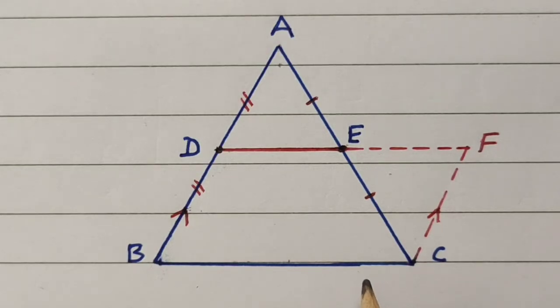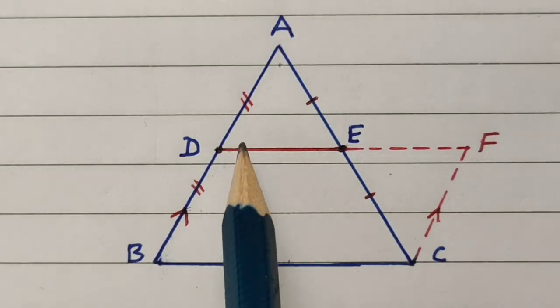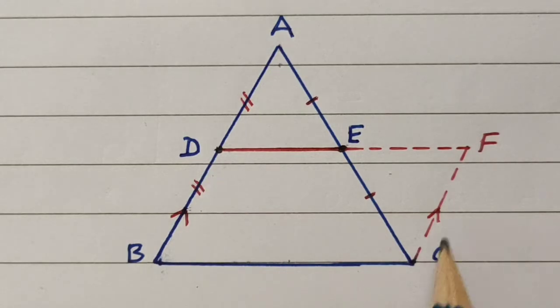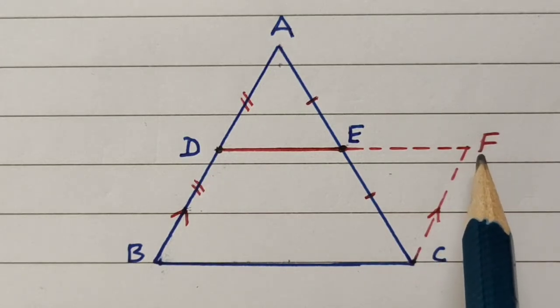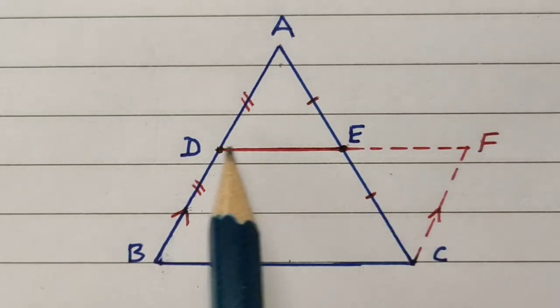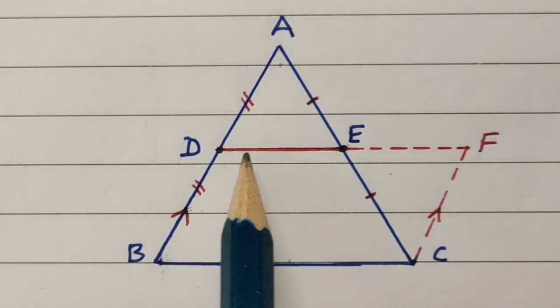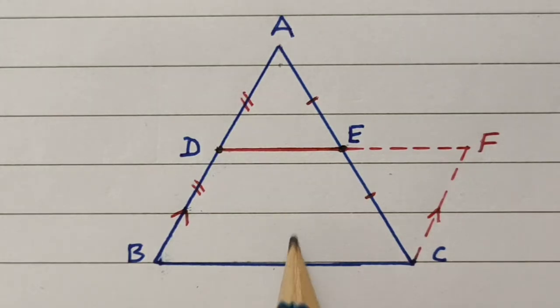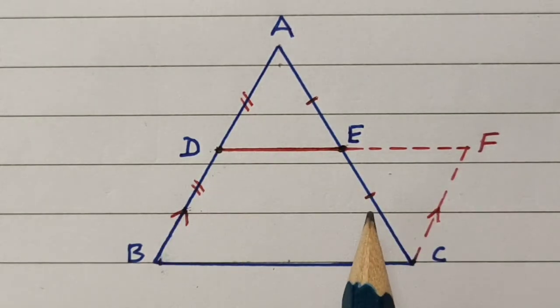Then we have to prove DBCF is a parallelogram. Once we prove this is a parallelogram, then in a parallelogram this side is equal to this side, that is DF is equal to BC. Once we prove this as a parallelogram, then the rest becomes easy.